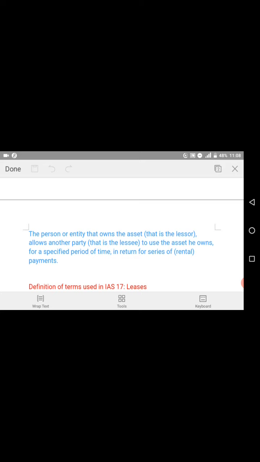The legal owner of the assets is the lessor, allows another party, that is the lessee, to use the asset he owns for a specified period of time in return for a series of payments.